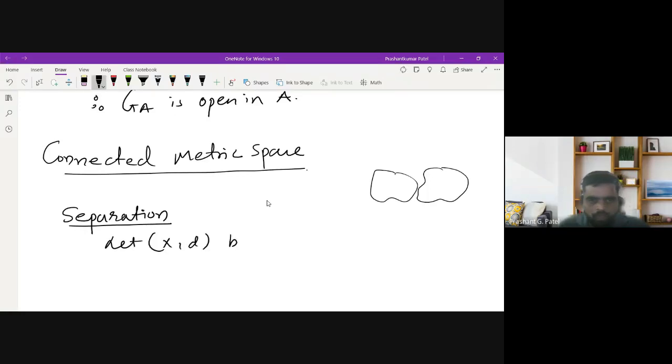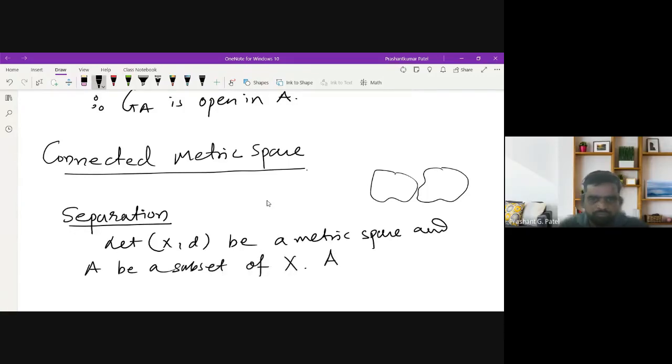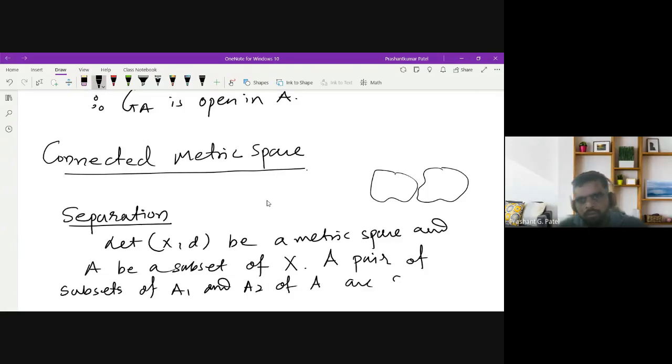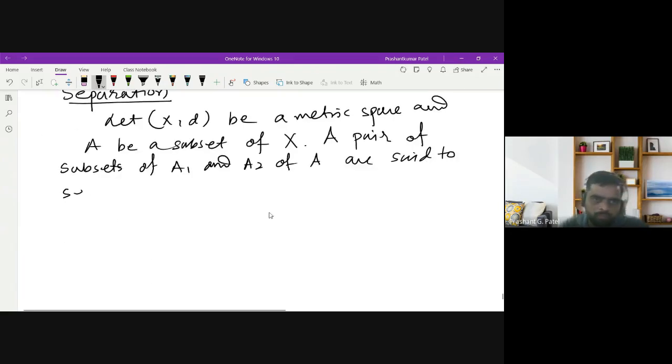Let (X, d) be a metric space and A be a subset of X. A pair of subsets A1 and A2 of A are said to be a separation of A if they satisfy three conditions.